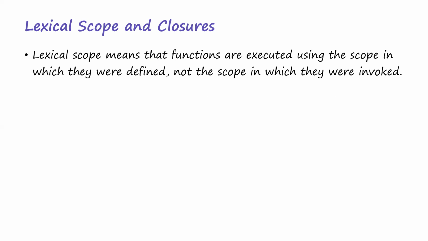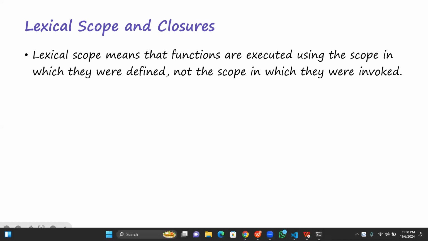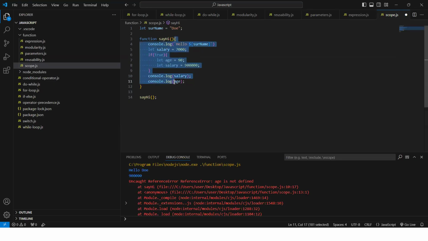Invoke is the execution. All right, so let me show you something. Lexical scope means functions are executed using the scope in which they are defined. The scope in which they are defined and the scope in which they are invoked are two different things. So let me show you right now. All right, this is the function. This is the scope in which this function is defined, so this could be the lexical scope, but the function is executed here.